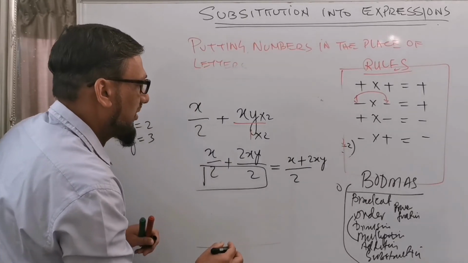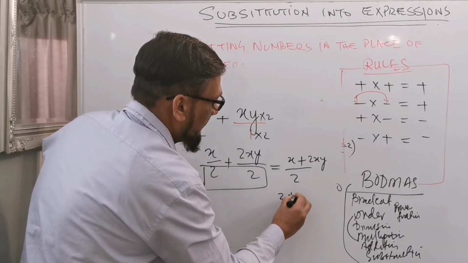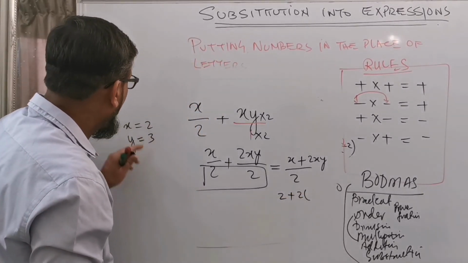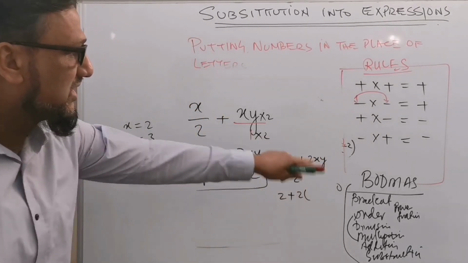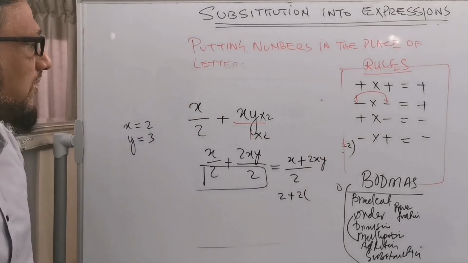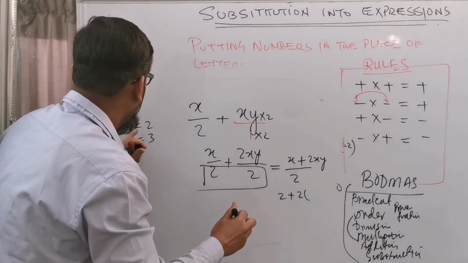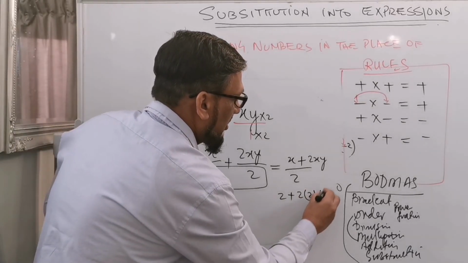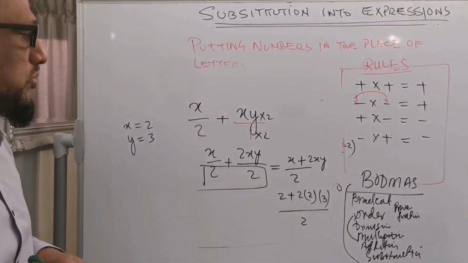So our final expression is 2x plus 2xy over 2. The value of x is 2, and 2 times x times y, where x is 2 and y is 3, divided by 2.